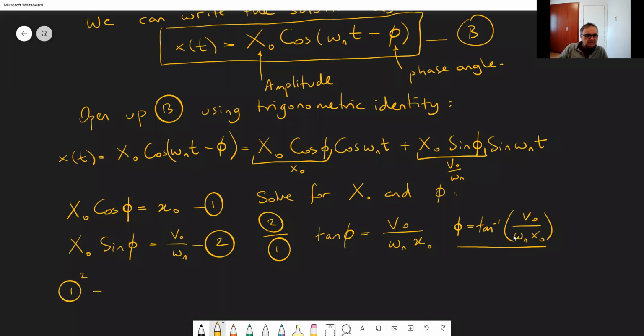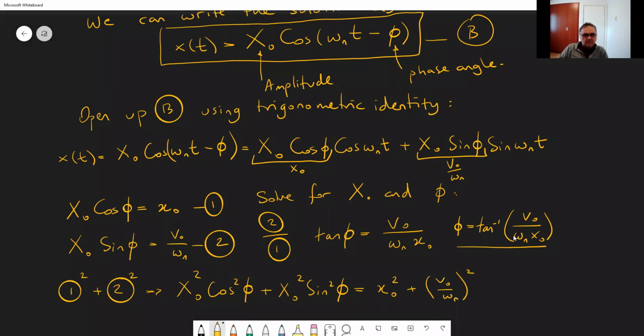If you square the first equation and square the second equation, okay, you are going to get, you see, cosine square and sine square terms are going to add up to 1.